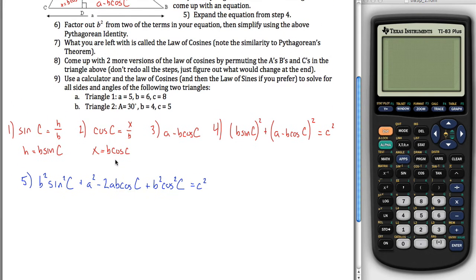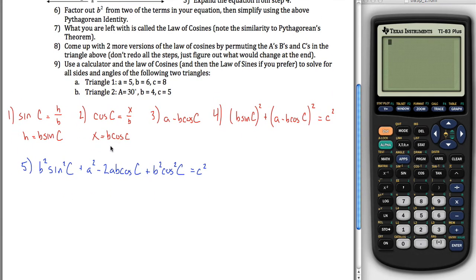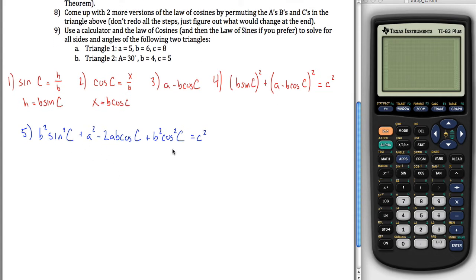And then 6 says factor out a b squared from the 2 terms in your equation. So it's saying that there should be 2 terms here that have a b squared in them. And I believe there are. We got b squared in this first term, and then in this last, third term, and then I still got this a squared, and this term ab cosine of c.